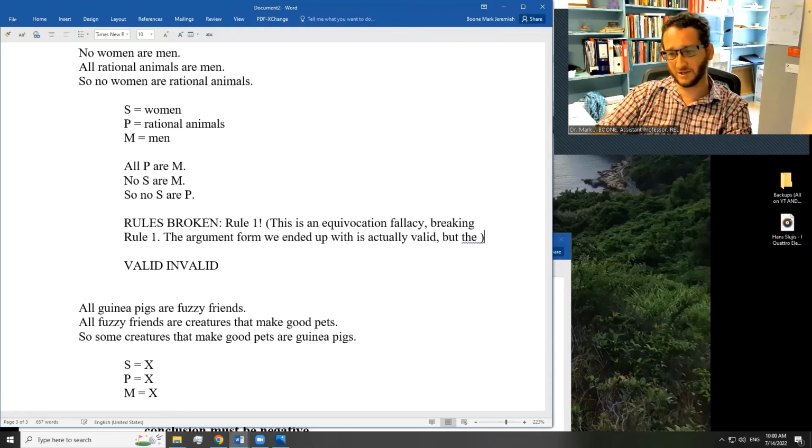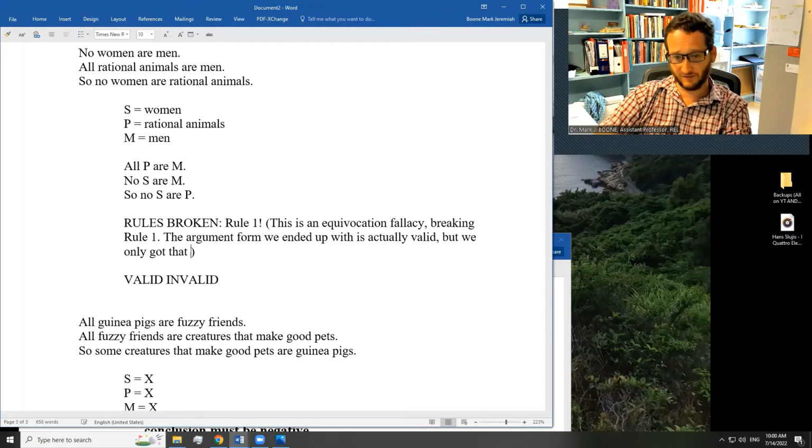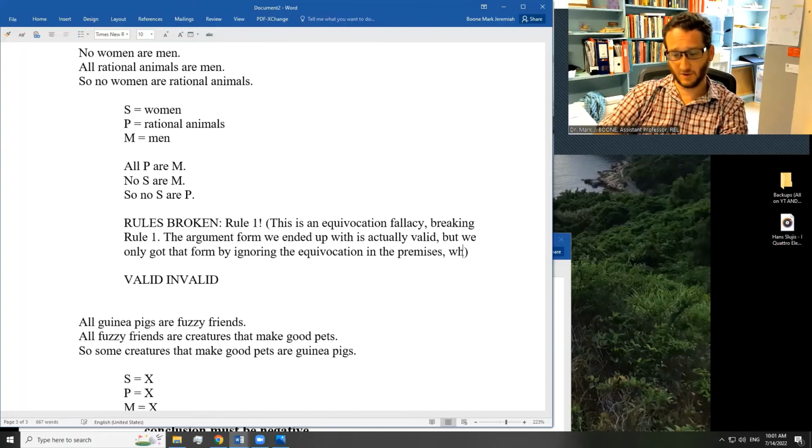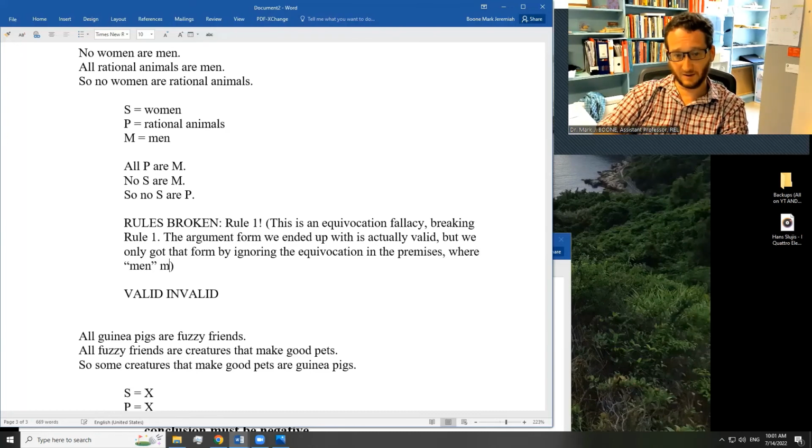The argument form we ended up with is actually valid, but we only got that form by ignoring the equivocation in the premises, where the word men means, what does it mean? In the first premise, adult male humans, in the major premise.